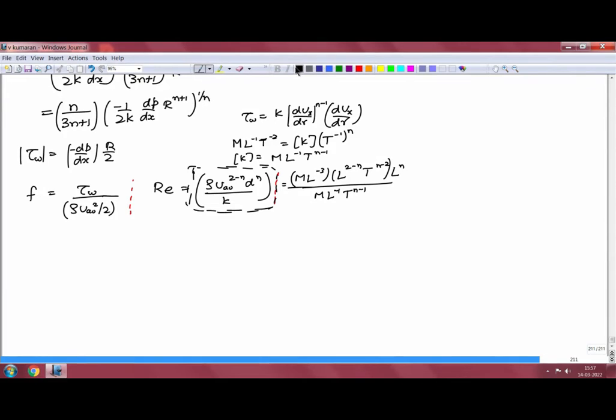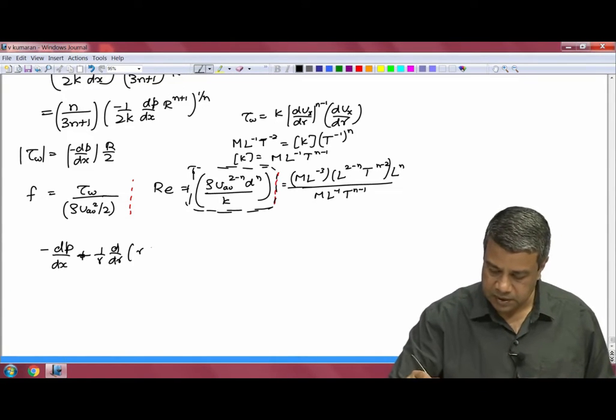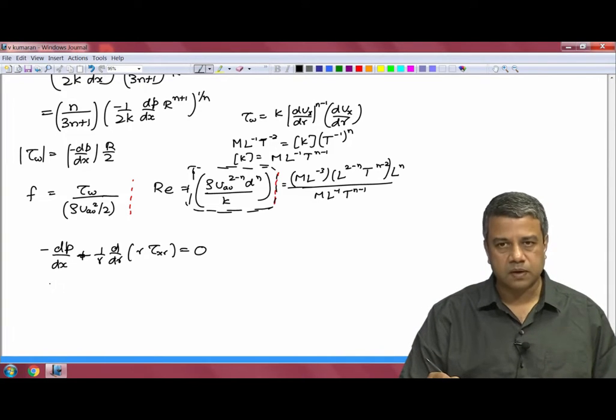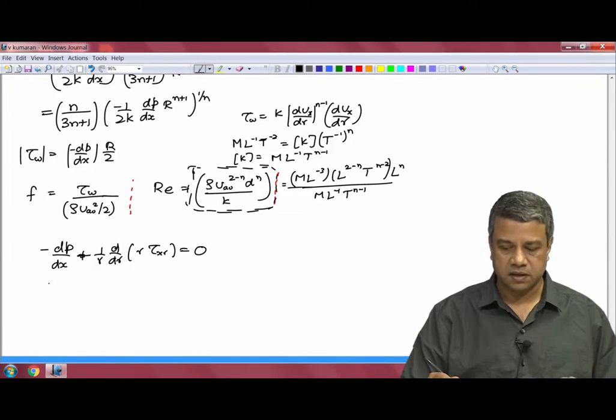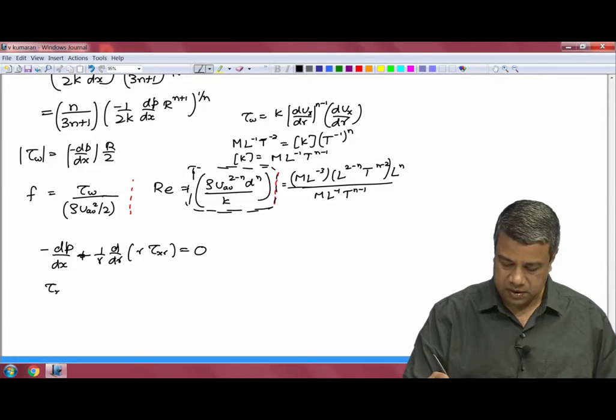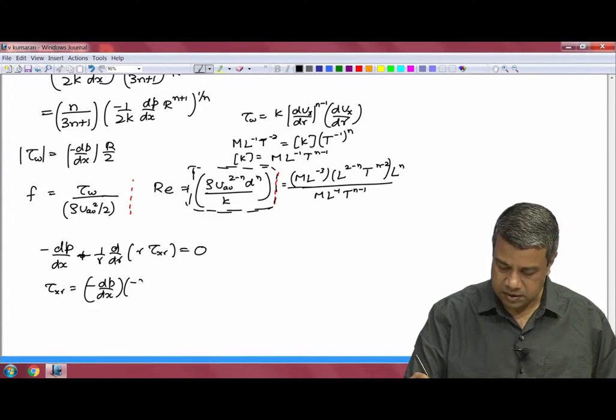If you recall, the equation was of the form minus dp by dx plus 1 by r d by dr of r tau xr is equal to 0, and we know that dp by dx is a constant in this case. Therefore, we got tau xr is equal to minus dp by dx into minus r by 2.